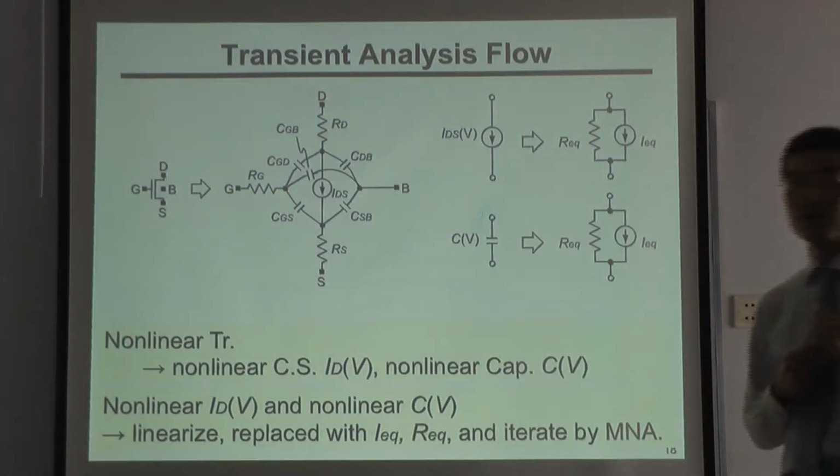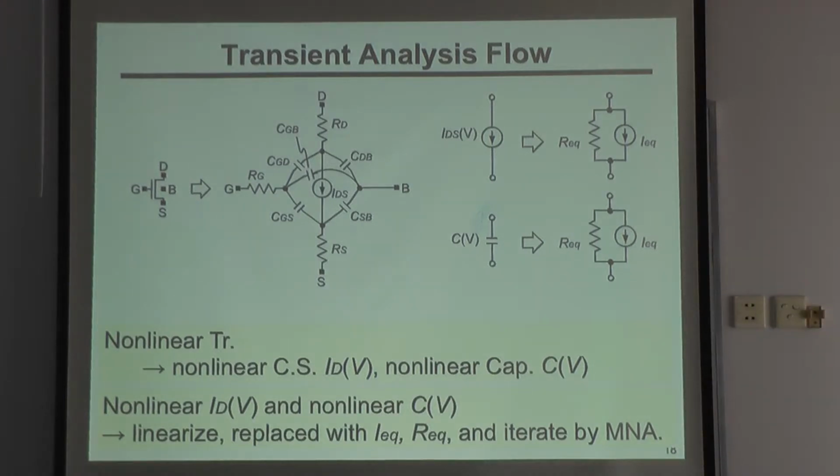So in the transient analysis flow, we summarize that the transistors are converted into voltage controlled current source and capacitance. And the capacitance are converted into the current source and resistance.